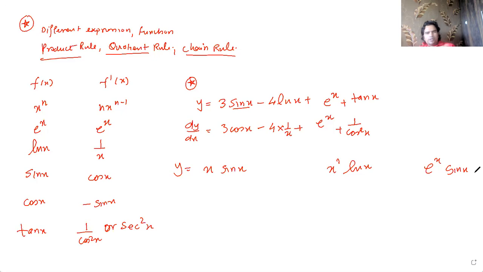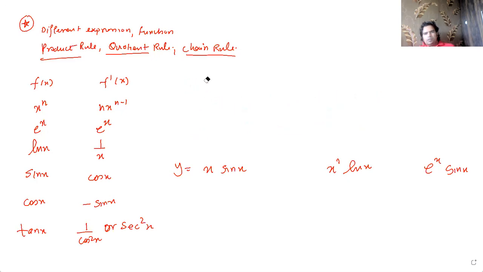For such a case, where you see a product of two different functions, we have something called the product rule. Now this needs to be understood very carefully. If y is a product of two functions, let's say y is the product of u and v, where u and v are two functions of x.